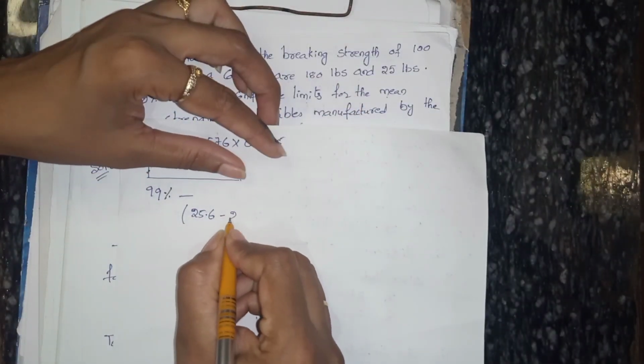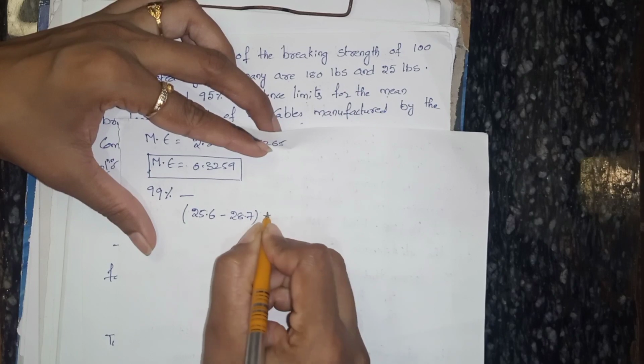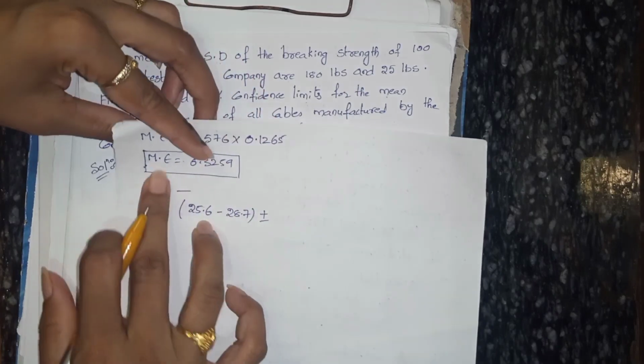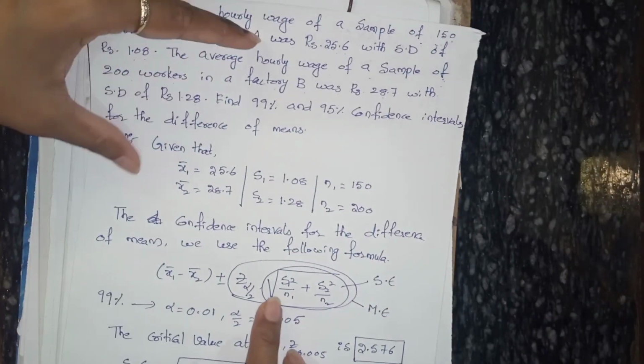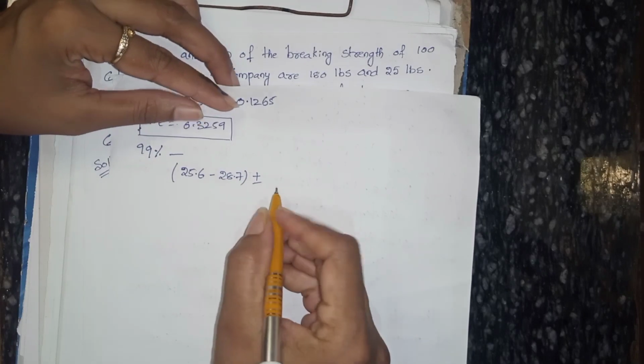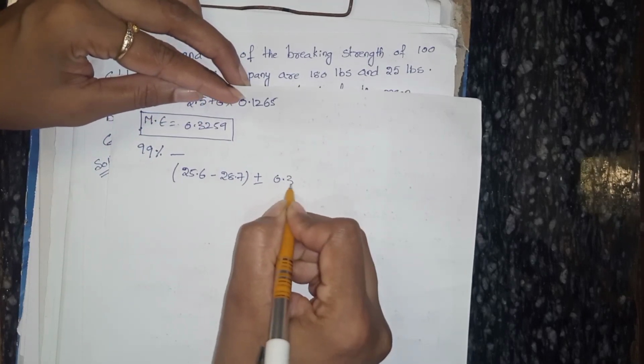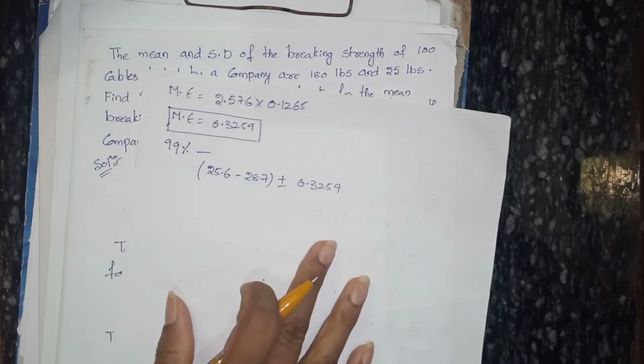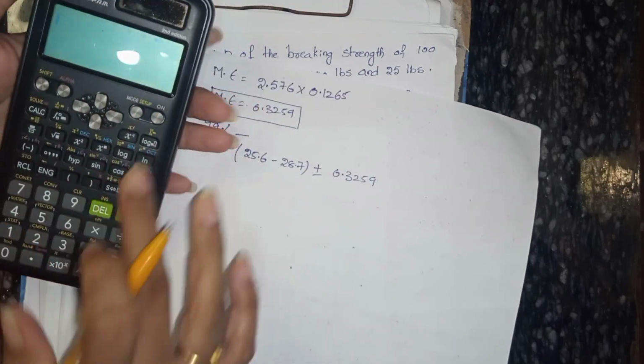This full term is called the margin of error, so plus or minus 0.3259.